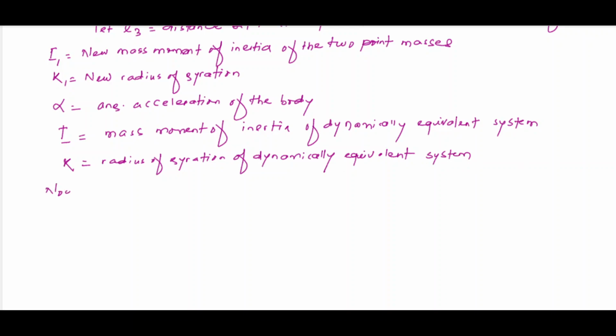Now, the torque required to accelerate the body, that is T, will be equal to mass moment of inertia into angular acceleration, or you can represent this as M K square into alpha. Let's say this is equation 1.